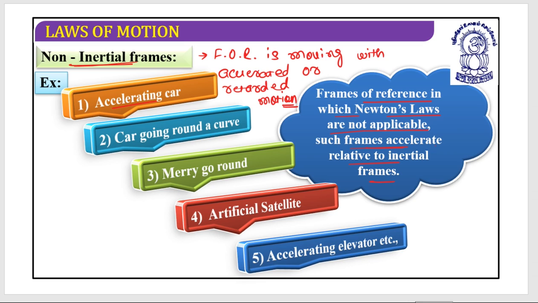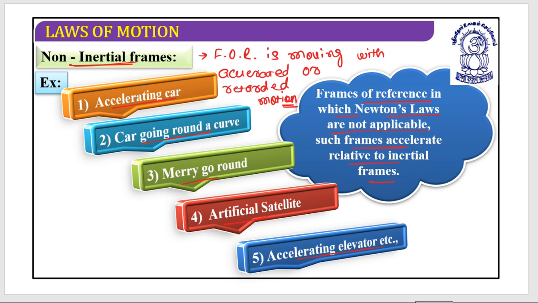These are all examples of non-inertial frames of reference. You can take the example of an accelerated car, a car going around a curve, a merry-go-round, artificial satellites, or accelerating elevators. What you need to understand is how to decide whether a frame is inertial or non-inertial.